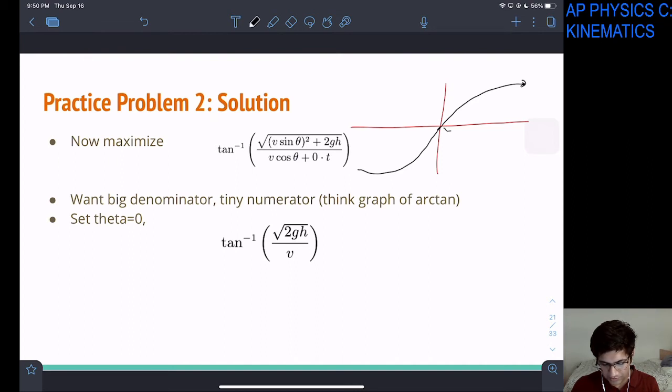So what we can do is set theta, which is our initial launching angle, to equal 0. And then after we do that, this term goes away, and then this term goes away, and we get v here, and we get this expression here.